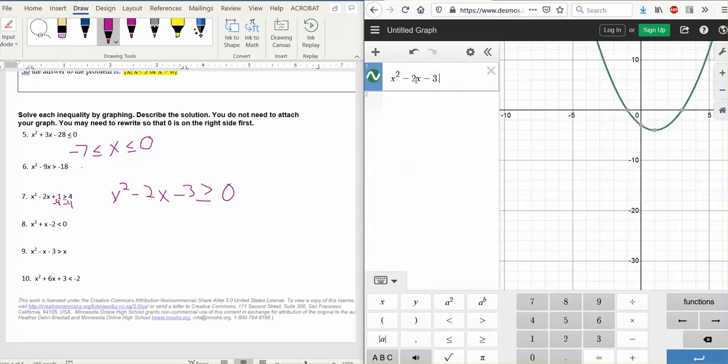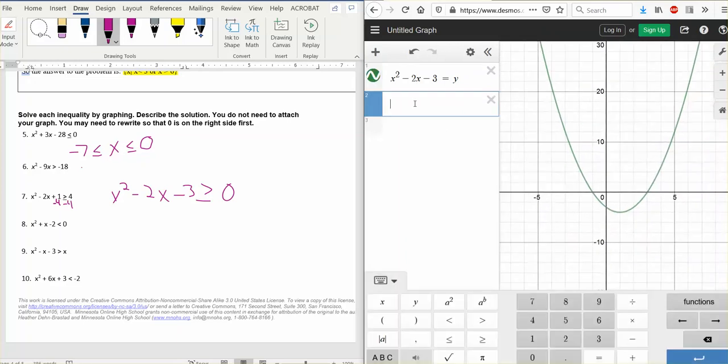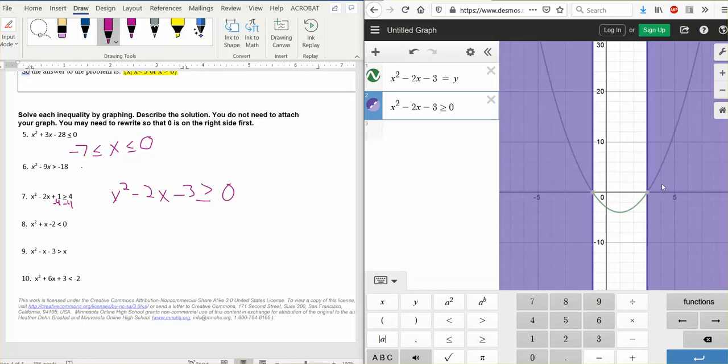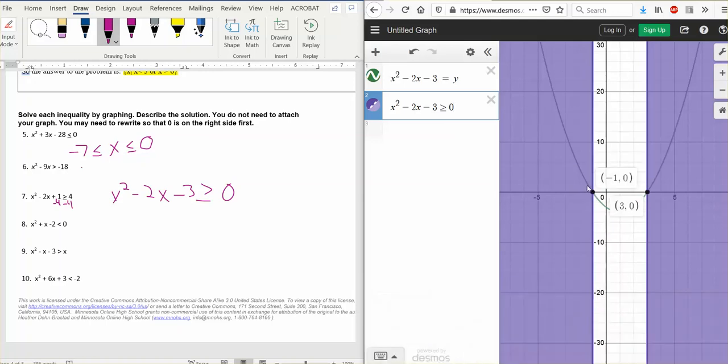And then the second would be exactly as it appears in the problem now that we have 0 on one side by itself, greater than or equal to 0. And that will add the shading. Now this is one where it's greater than 0 here and here. So there's two places, but it's not in between them. So whenever x is less than or equal to -1, or when x is greater than 3, then the parabola lies in the correct region.